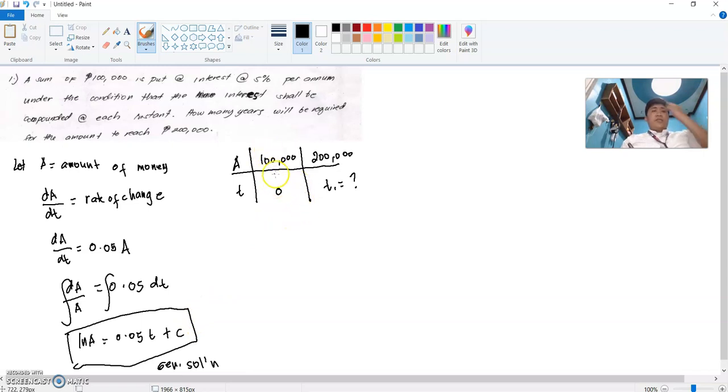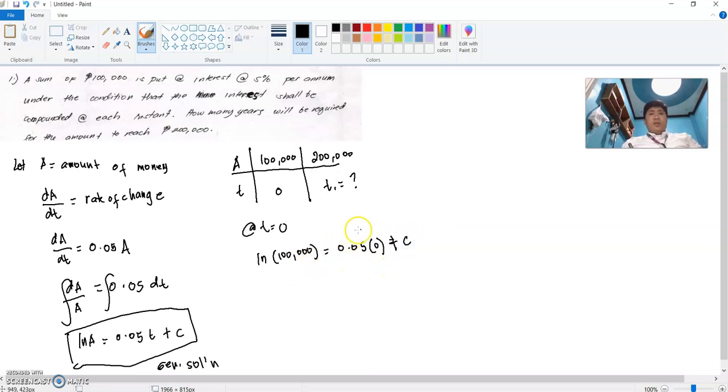So let's start with the first column. At t equals 0, so at time 0, the initial investment, we have ln of A, which is 100,000, equal to 0.05 times t, where t is 0, plus c.